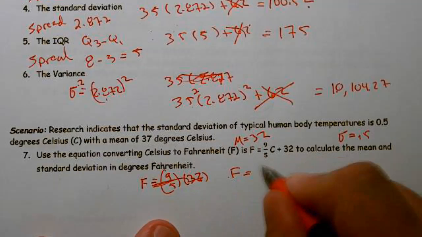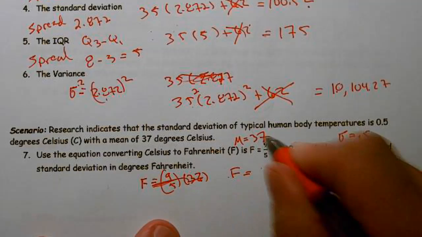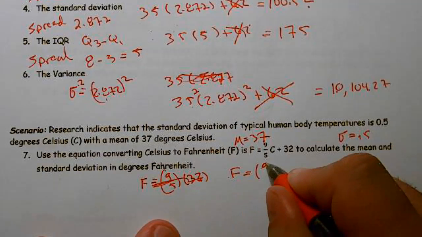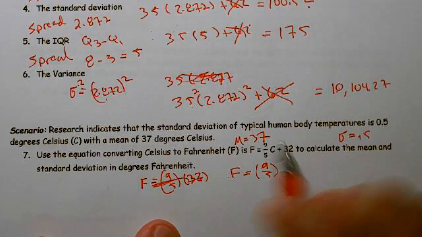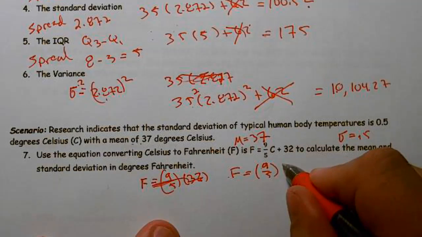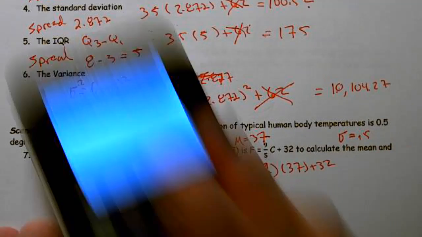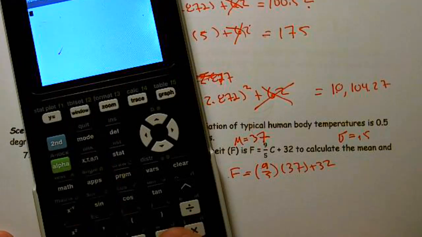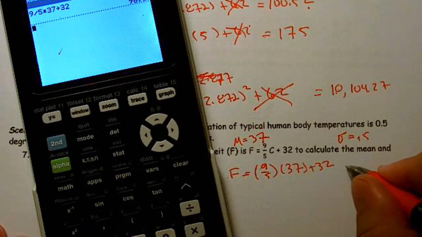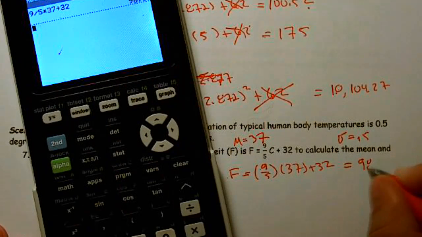F equals 9/5, here's the mean, 37, plus 32. So let's do that. 9 divided by 5 times 37 plus 32. And we end up getting 98.6. It's like, oh yeah, that is actually what normal temperature is.